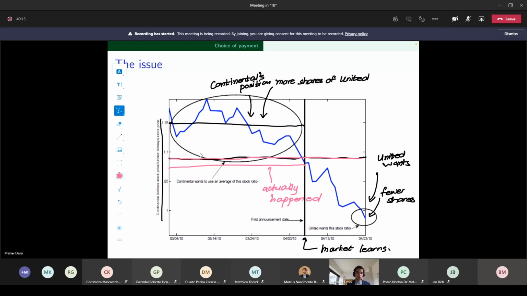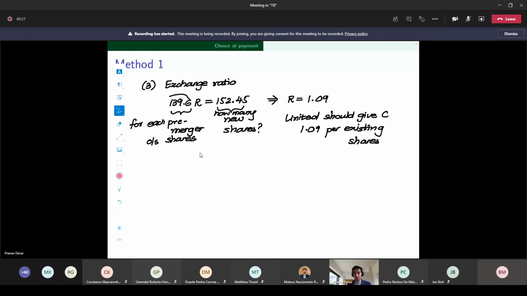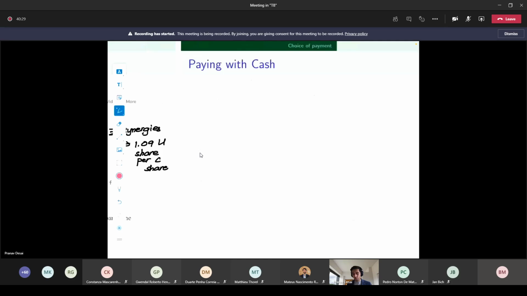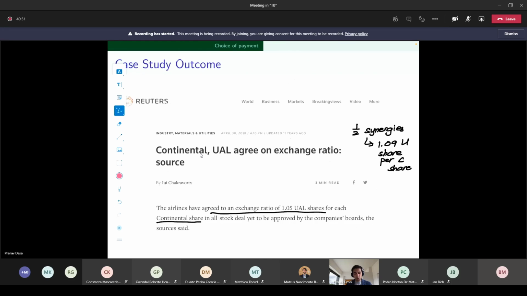But from the perspective of Continental shareholders, this means that they get fewer shares compared to what they would have gotten had they received this ratio, or even a ratio which gave them half of the synergies. Which is precisely why the exchange ratio both reflects the exact amount being paid in dollar terms, but at the same time also reflects the precise amount of synergies being shared between the acquirer and the target.